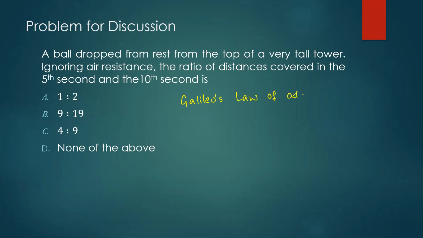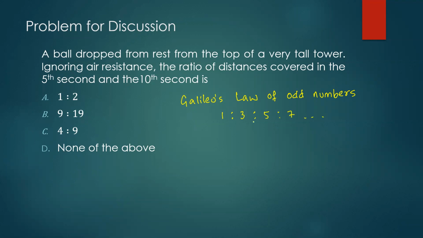What this says is, if you drop anything, in each second, the distances covered by the freely falling object are in the ratio of odd numbers. So they'll be like 1:3:5:7 and so on.